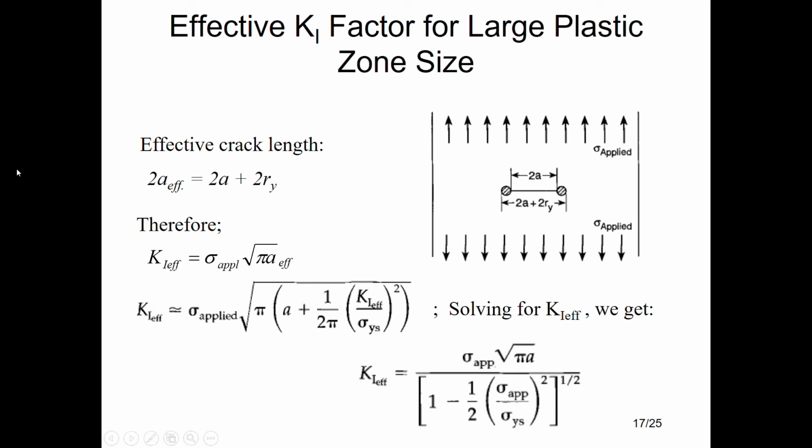So the effective crack length is represented by this parameter, 2a effective, equal to 2a, the crack length, plus 2r_y, the crack tip length. You can see that in this figure.